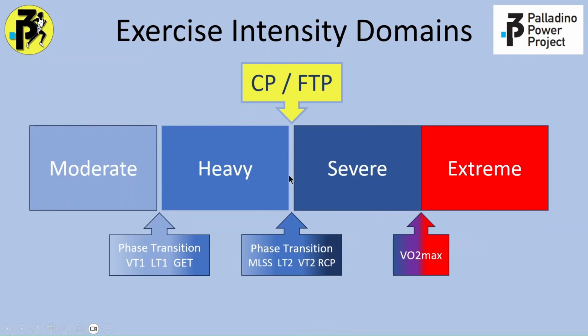They're identifying this phase transition between heavy and severe. In fact, Jones and Jones' group have gone so far as to say this is the gold standard for defining or marking the boundary between heavy and severe domain, or instead of boundary, the phase transition between heavy and severe.